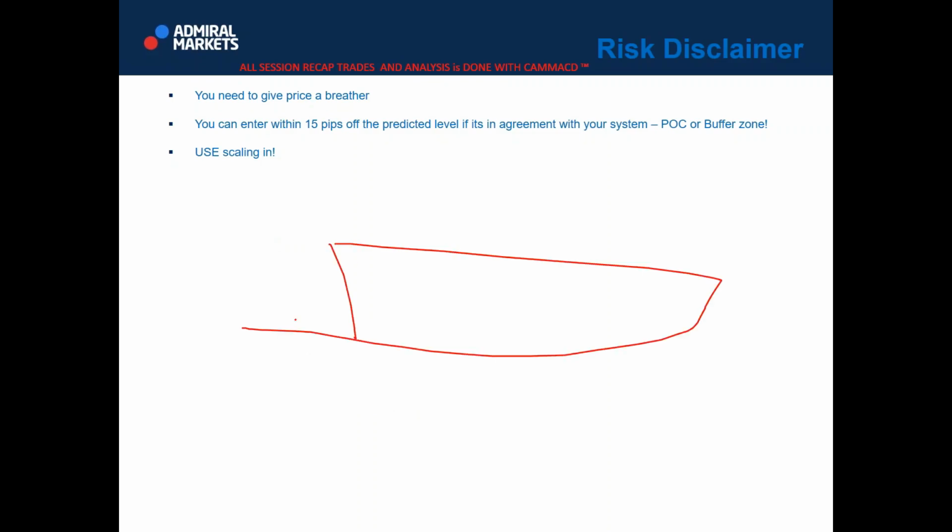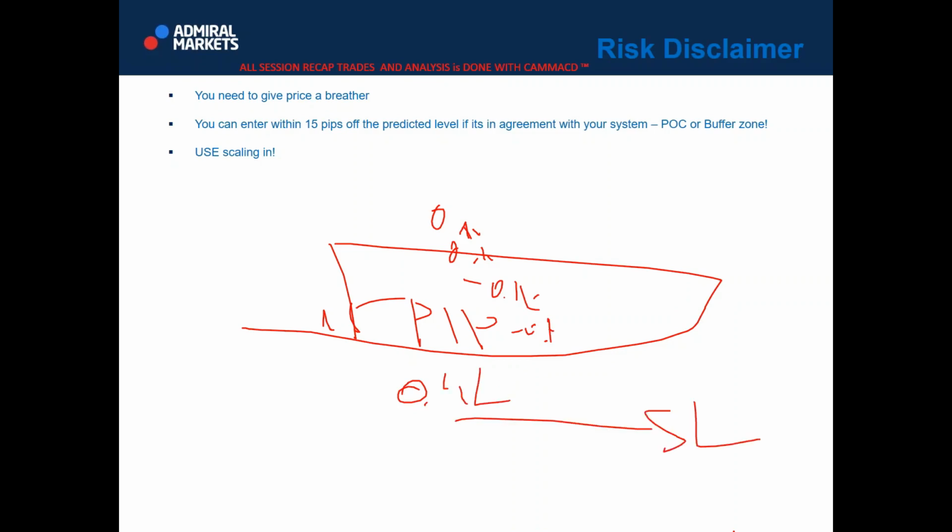For example, if this is a 15 pip buffer zone, you can opt to enter 0.10 here, 0.10 here, 0.10 here, 0.10, a total of 0.4 lots, keeping your stop loss intact. The point is, this is lot size.